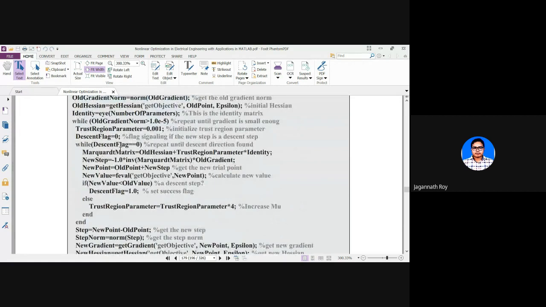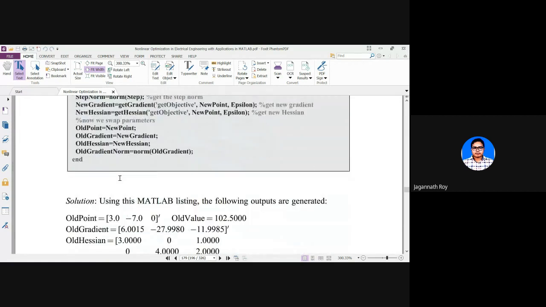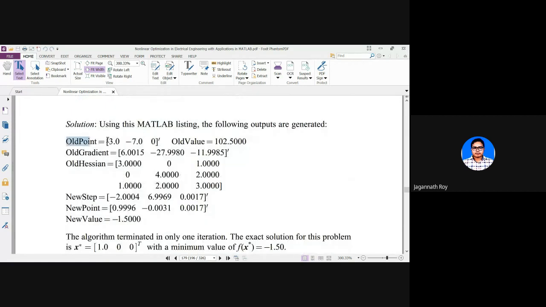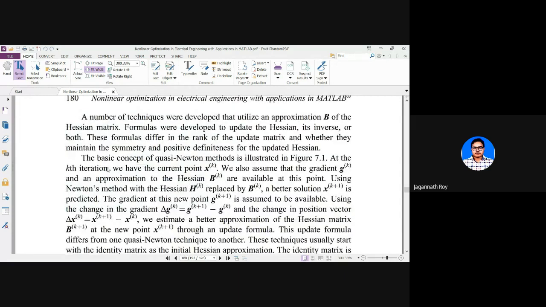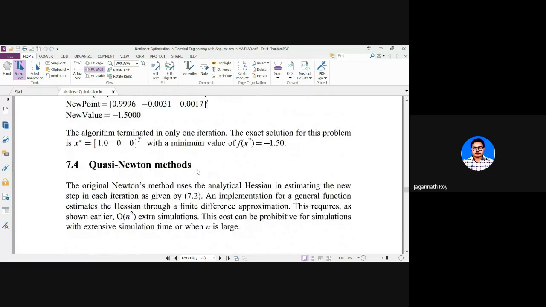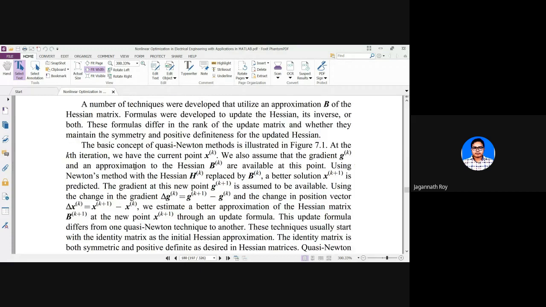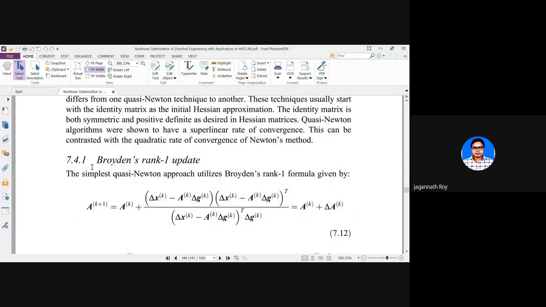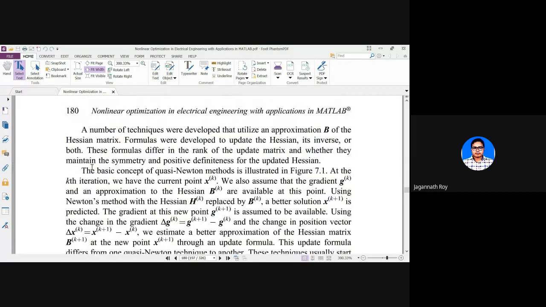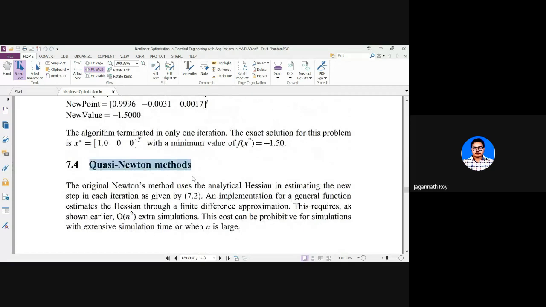The instructions are given here. So you can verify these results, whether they are correct or not. Similarly, the Gauss-Newton method that we have discussed for the last two classes, that is the Levenberg-Marquardt method, and this Gauss-Newton method we will discuss next class.